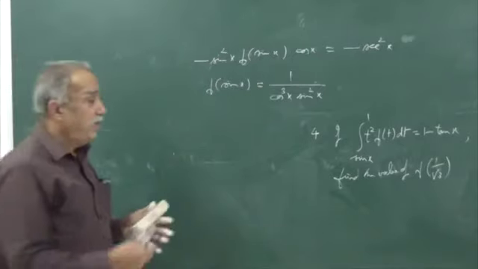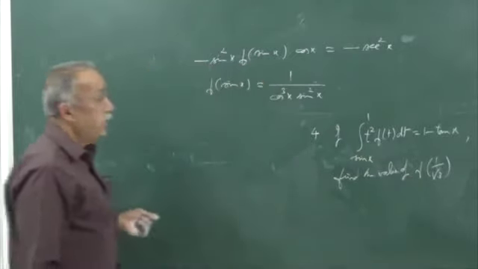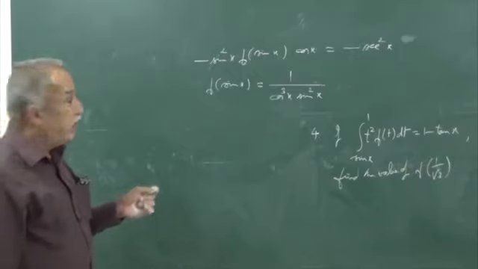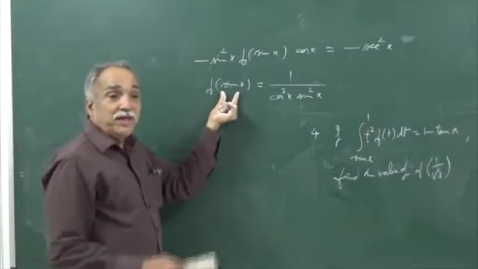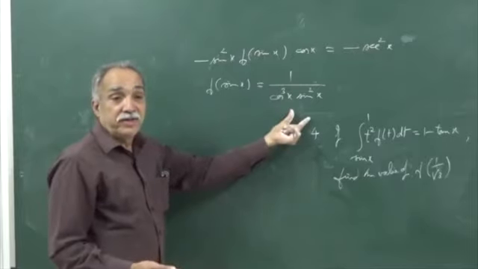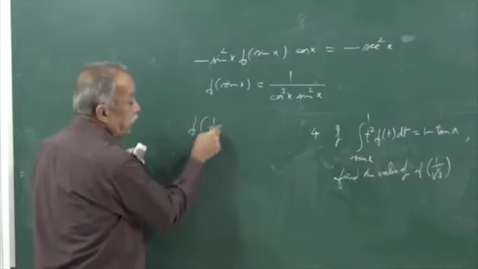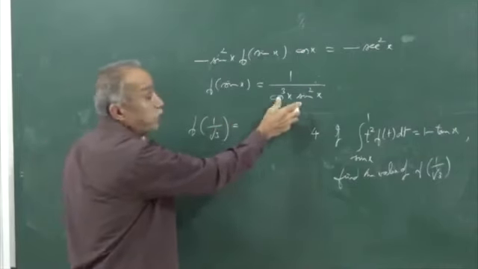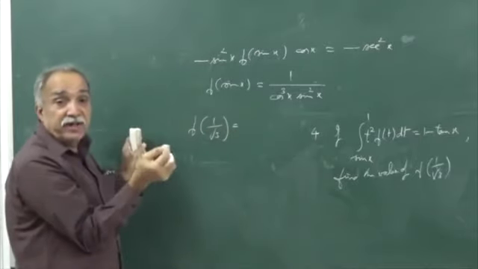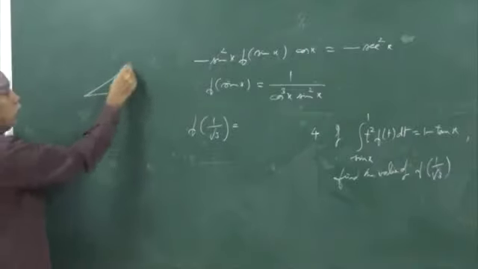Okay. But my objective is to determine f of 1 by root 3. How do I get it now? Just find the point where sin x equals 1 by root 3. Apply that x value in the right hand side. So, what I am required to find, f of 1 by root 3, will be simply the value of the right side when x is a number such that sin x equals 1 by root 3.